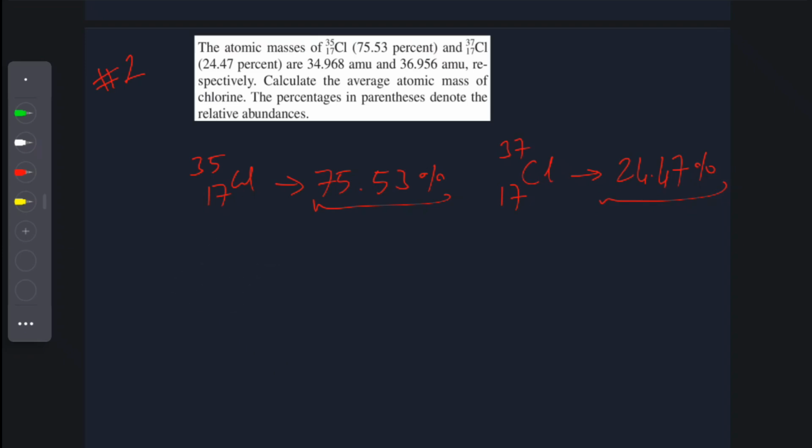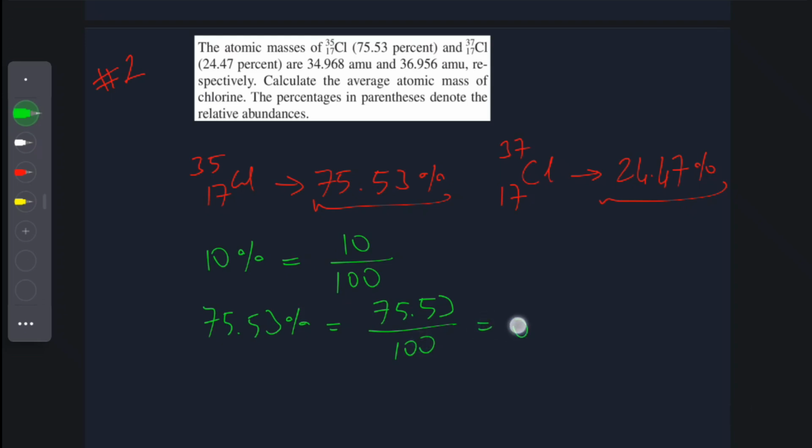As basic knowledge, what is 10%? 10% means 10 over 100. And simply 75.53% means 75.53 over 100. So it is 0.07553.